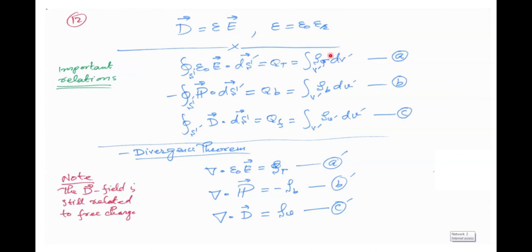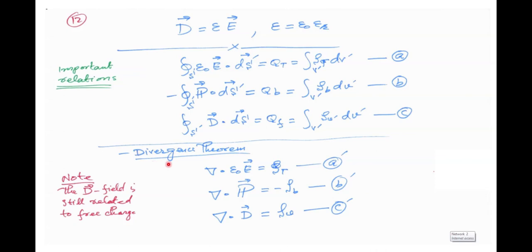So how do we convert these integral forms to differential form? We can achieve that using the divergence theorem. According to the divergence theorem, we can replace the surface integration of any field by the volume integration of the divergence of that field.